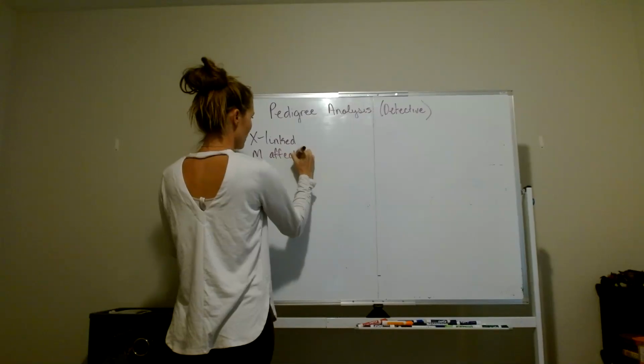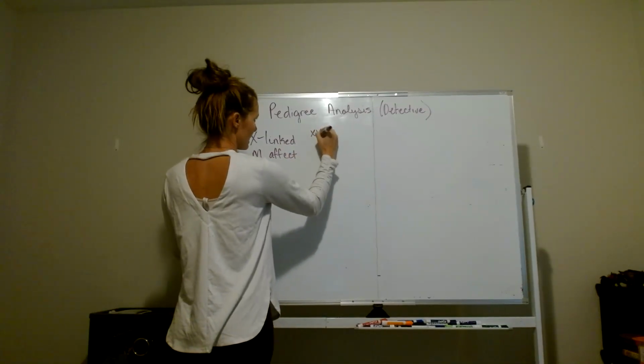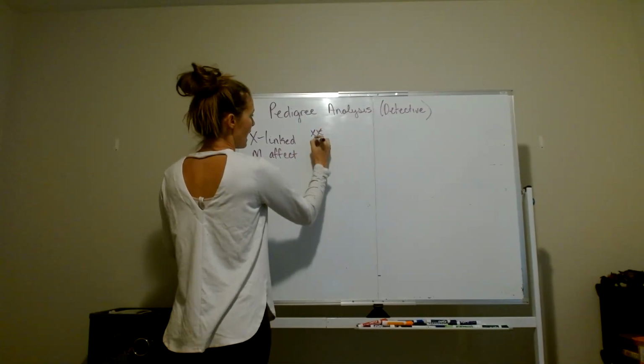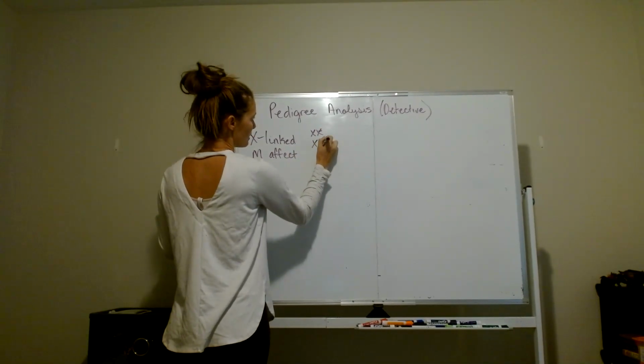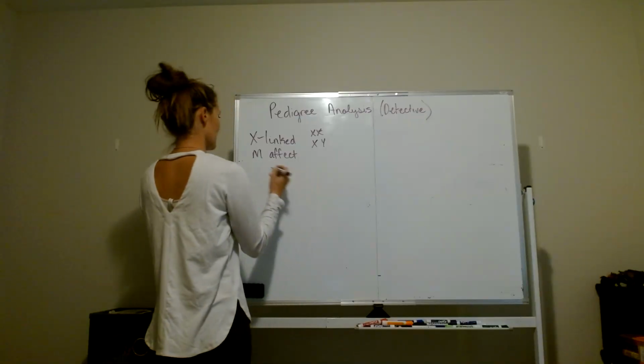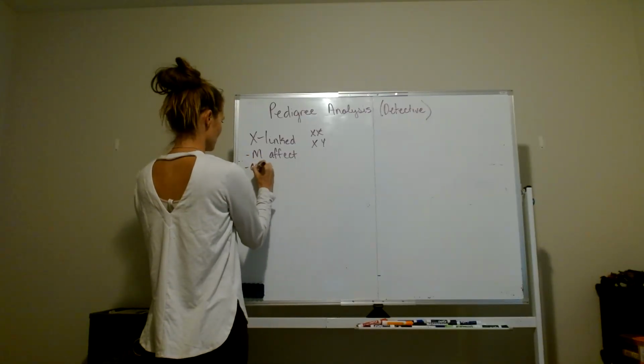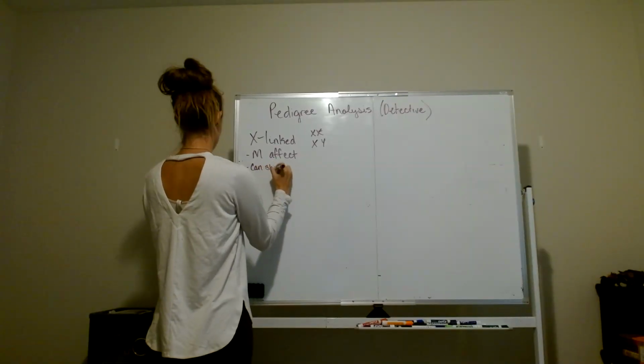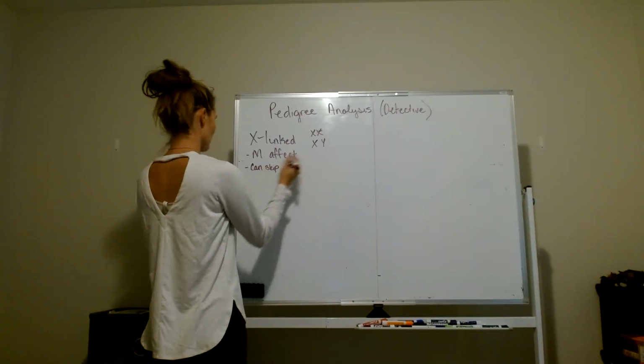It comes from the mother, right? Because mom has two X's, so the gene is on the X, and males are XY. Males are more likely to get it. It can skip a generation. Sons are carriers, the moms are the givers.